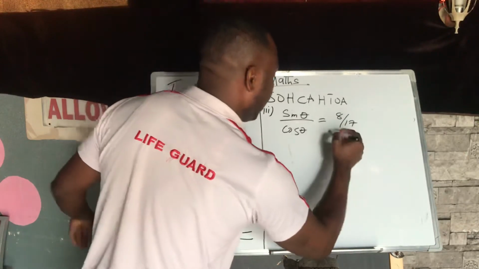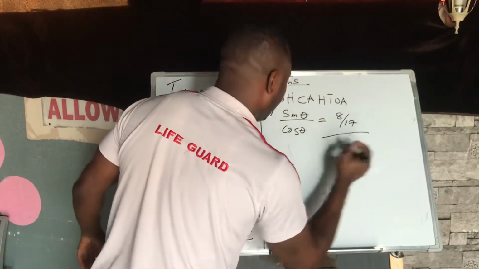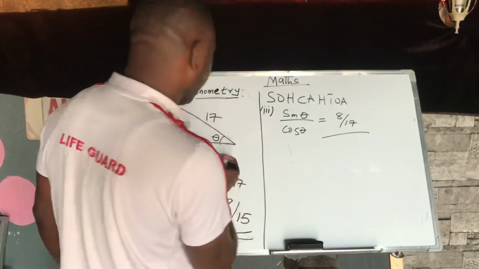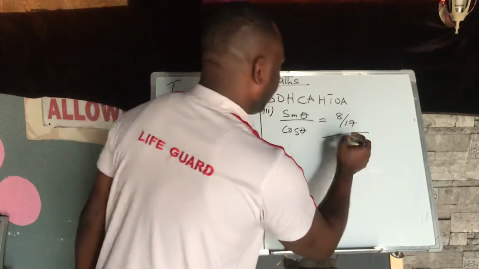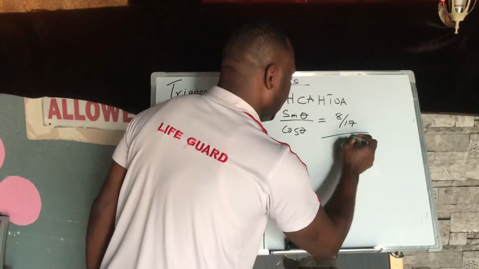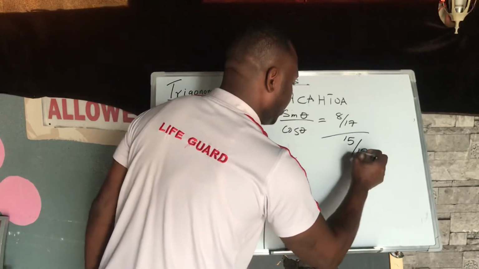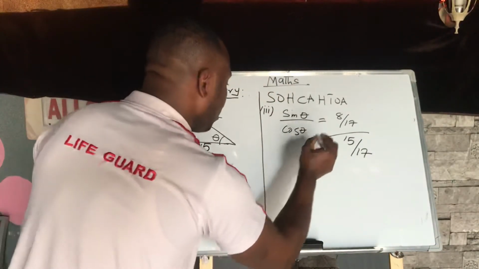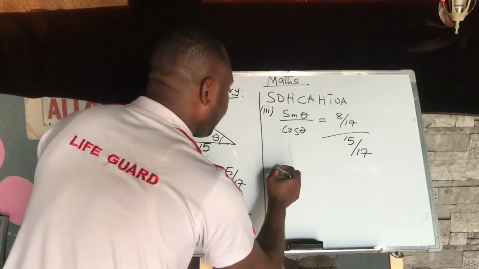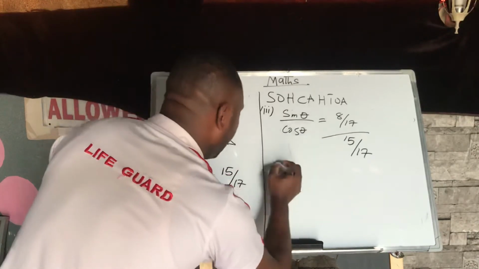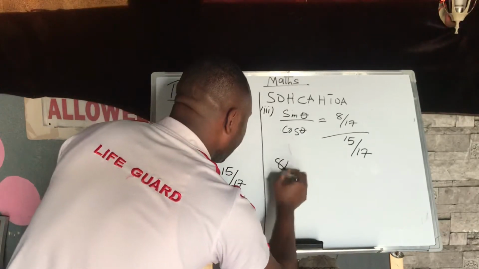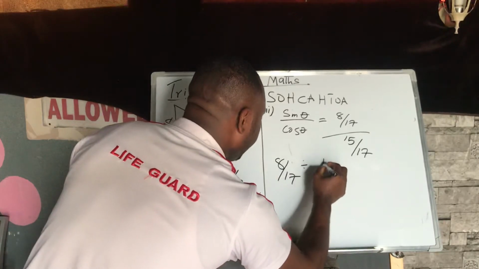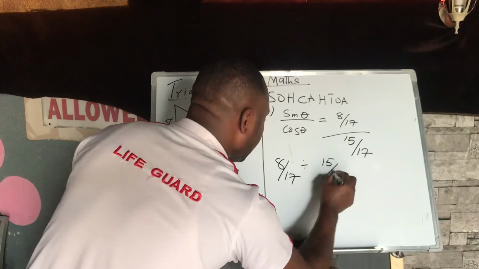Remember, cos theta is what? Adjacent over hypotenuse, which is 15 over 17. So now we substitute. We have 8 over 17 divided by 15 over 17.